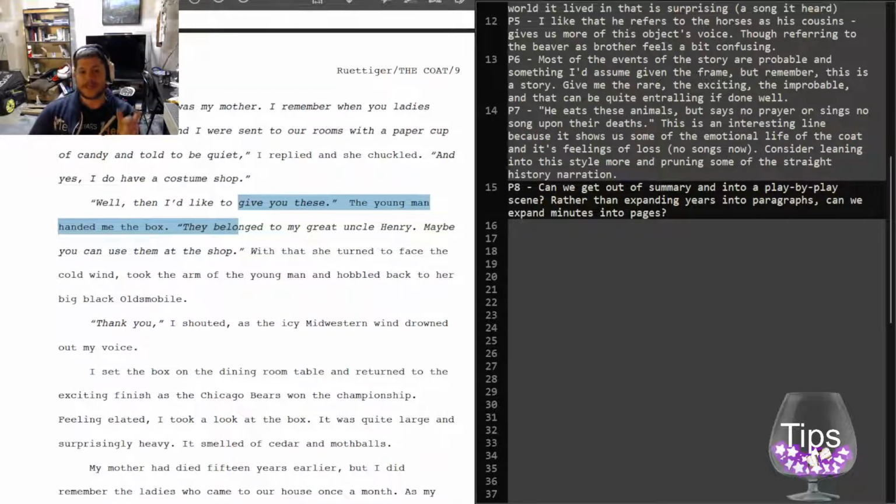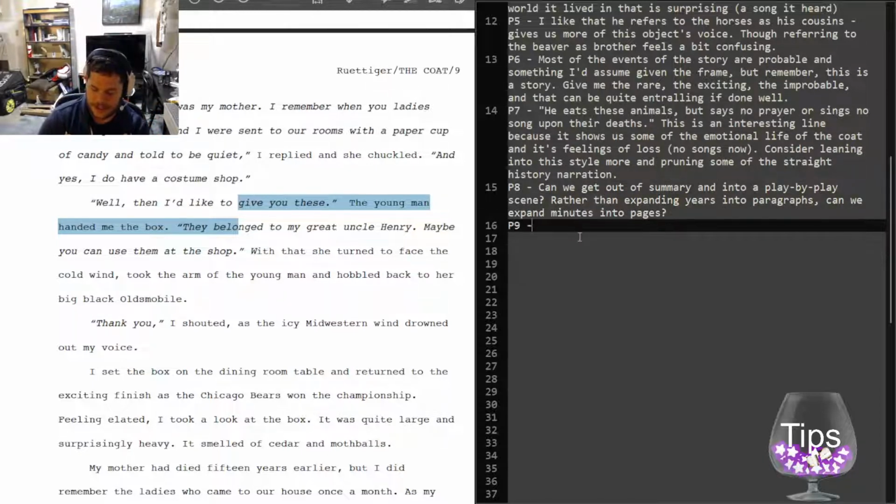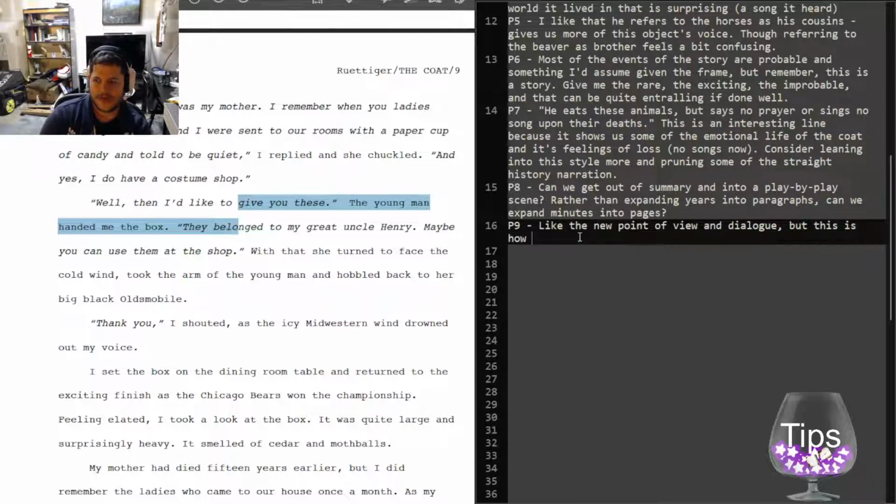So, in some ways, I like that we're getting a different point of view, a different dialogue. So, page 9, I like the new point of view and dialogue. But this is how the conversation probably went.